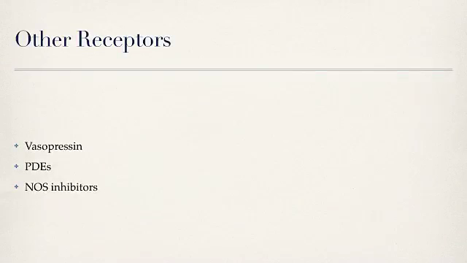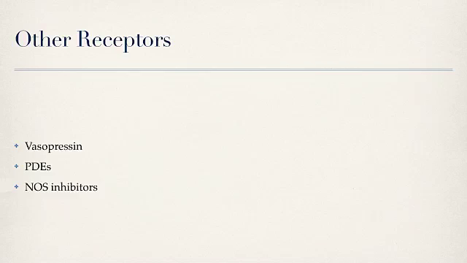There are also other receptors. We're going to talk about those. Vasopressin has V1, V2, and V3. I'm going to describe those later. And also phosphodiesterase inhibitors like amrinone and milrinone. Those do not have receptors, but they work intracellularly on the cyclic nucleotide system to prevent destruction of cyclic AMP.